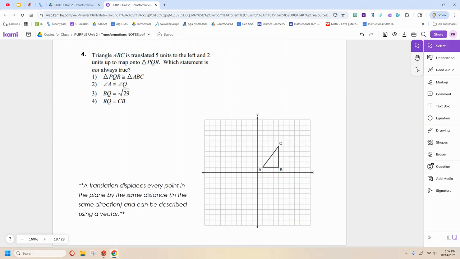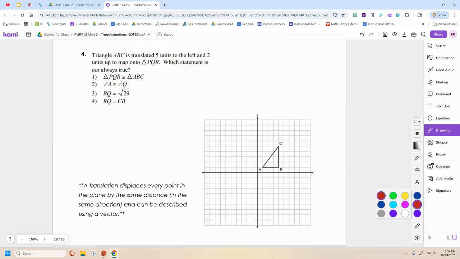All right, well, the first thing says, A, B, C, P, Q, R. So the first thing says triangle PQR is congruent to triangle ABC. Well, this is guaranteed to be true because translation is a rigid motion. Then it says angle A is congruent to angle Q.